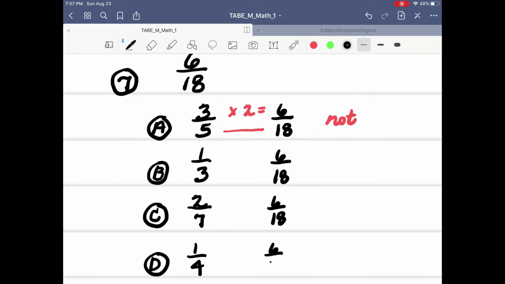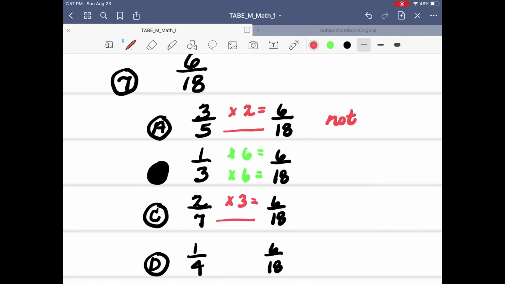6/18, let's compare. Let me just write that down. 1 times 6 is 6. 3 times 6 is 18. There it is.